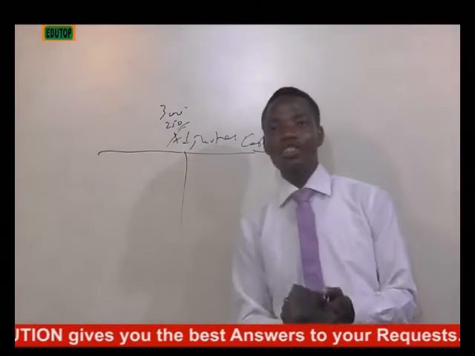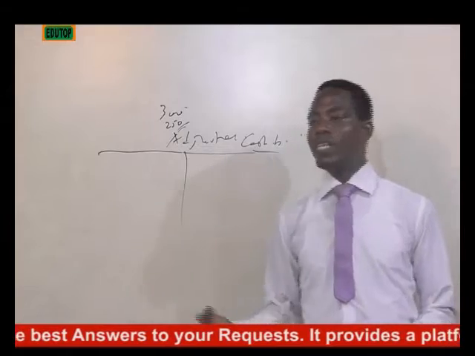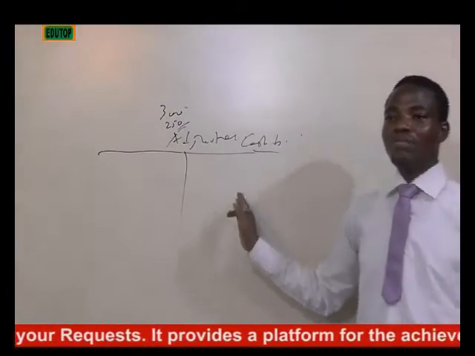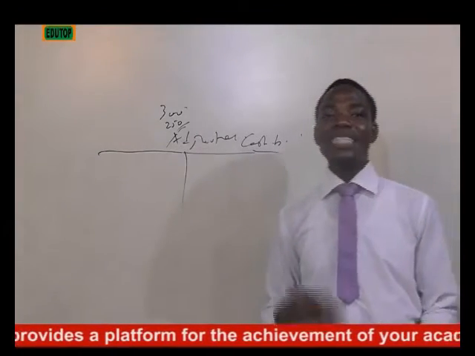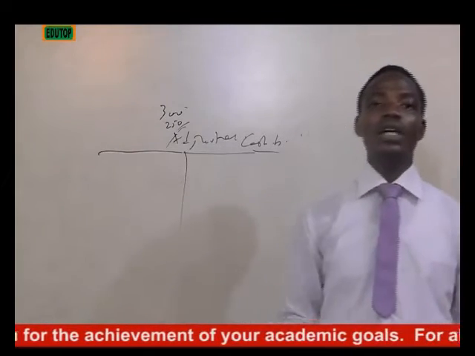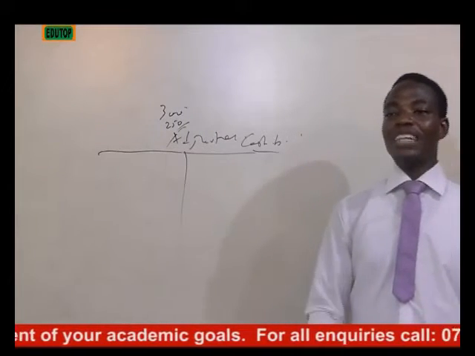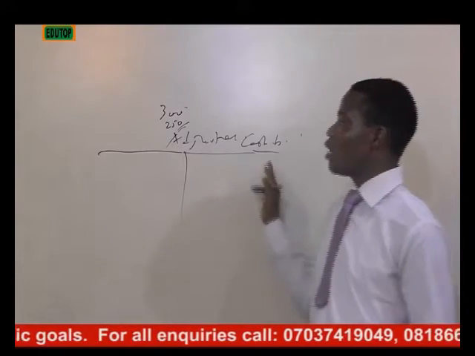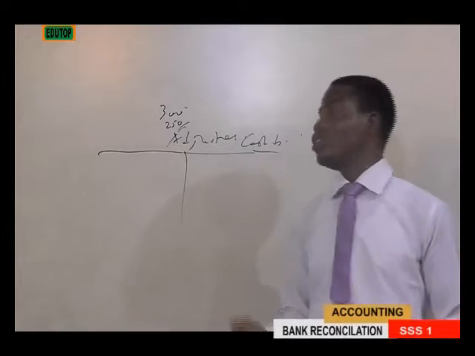When you draw a check to your customer, that means money is going out from your cash. You must have made the deduction in the cash book, but that person has not presented the check to the bank to draw the amount. So when that person has not presented the check, you have to add the deduction back to your cash book, because if that person has presented the check, then you leave the deduction like that.